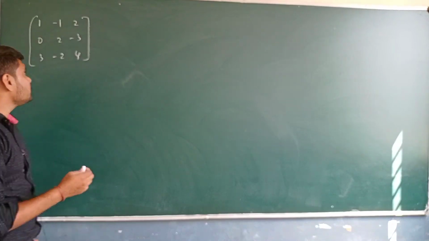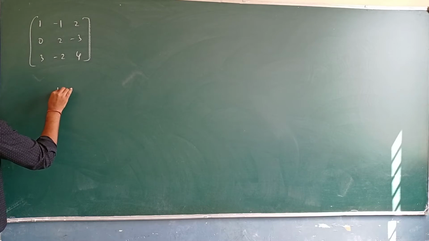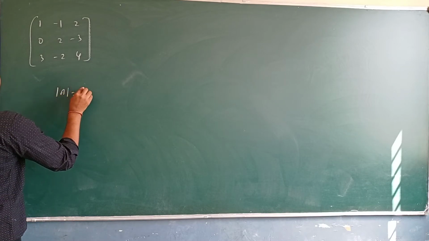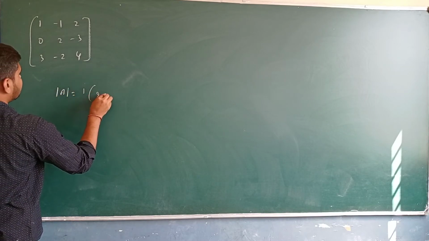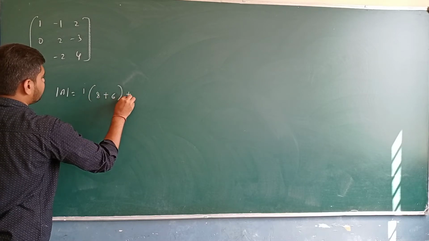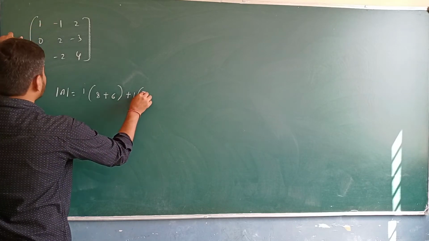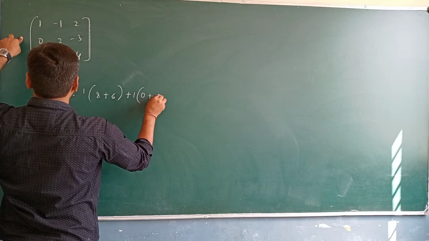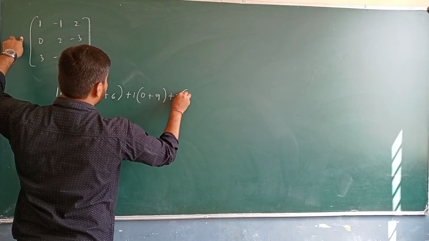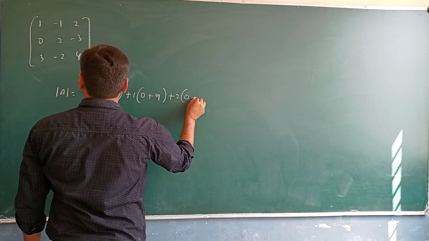Okay. The next problem is going to be 1, minus 1, 2, 0, 2, minus 3 and 3, minus 2, 4. So we need to find the determinant of the given matrix. So determinant of A is equal to 1 into 8 plus 6, plus 1 into 0 plus 9, plus 2 into 0 minus 6.